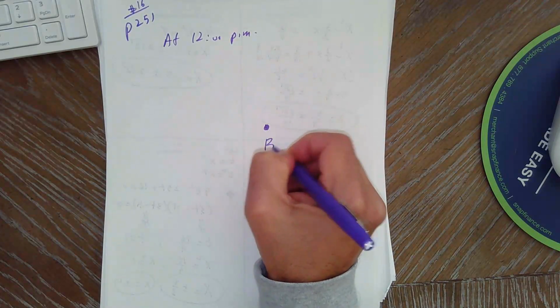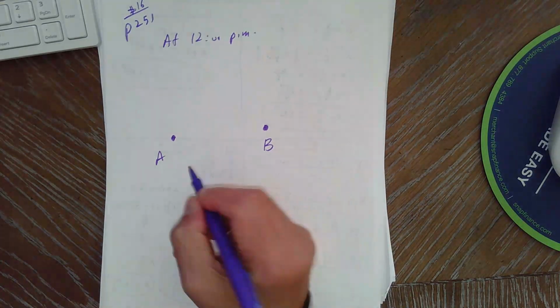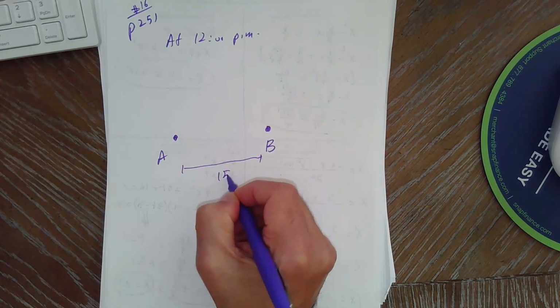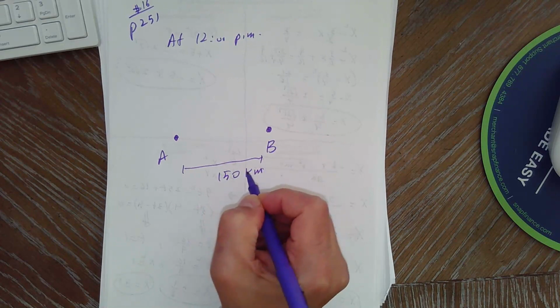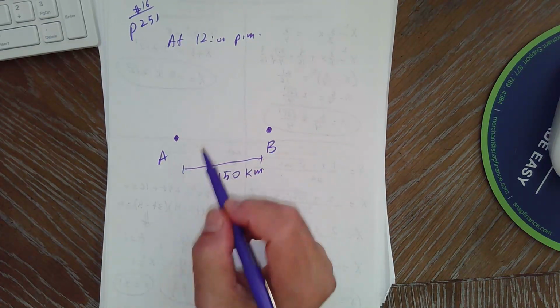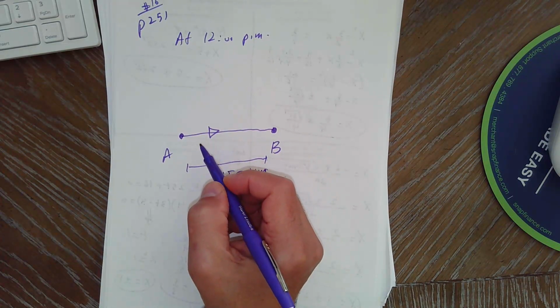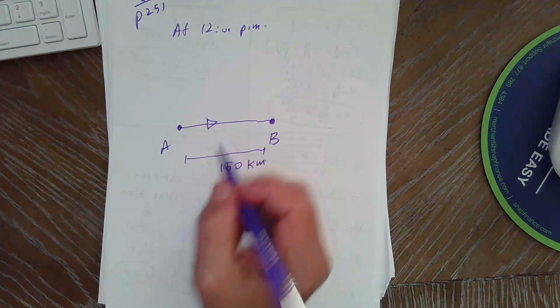So this is ship B, west of it, that's west, that's east. So that's 150 kilometers at noon, okay? Ship A is sailing east. Ship A is going this way at 35 kilometers per hour.